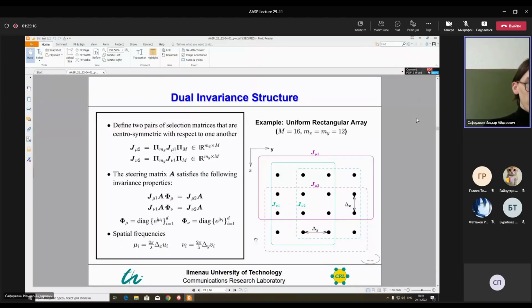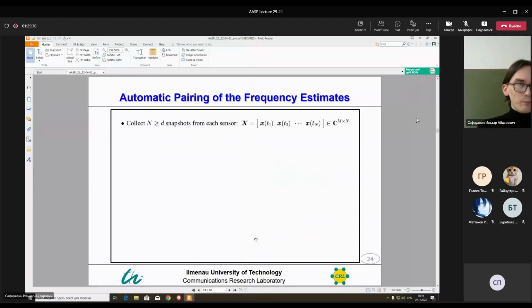And we will have these shift invariance properties for the steering matrix A. So this one for unitary ESPRIT, sorry, for standard ESPRIT.